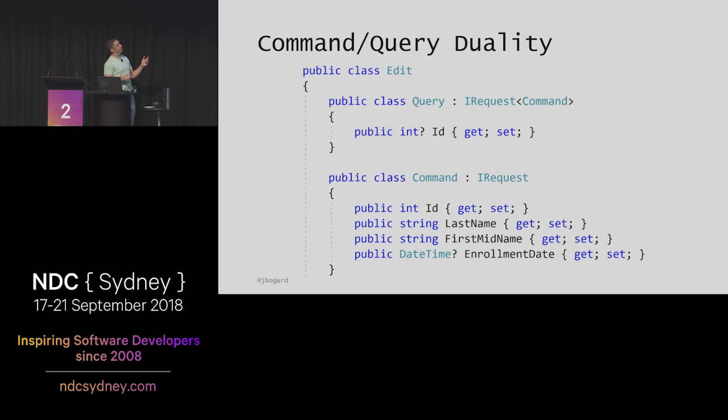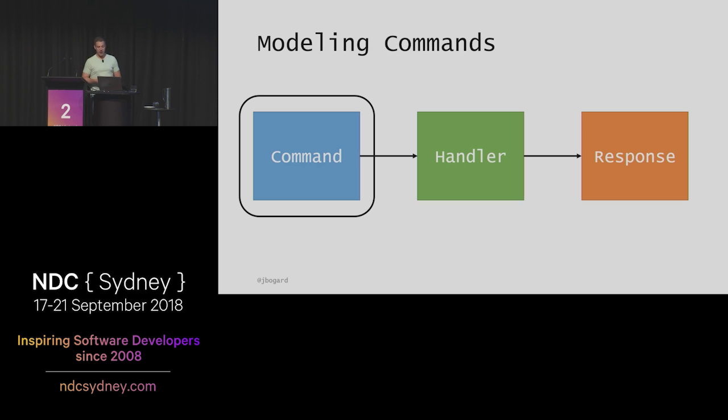So with my query inputs and outputs represented as these requests and objects, we then turn our attention to the commands. Commands are going to be a little bit different than the queries. The typical query requests don't have a lot of properties on them. But in our command requests, I need to have all the information necessary to perform the action on those request objects itself.